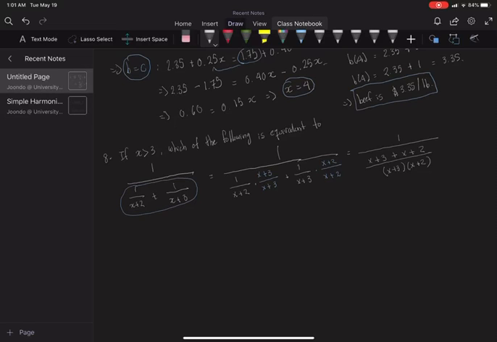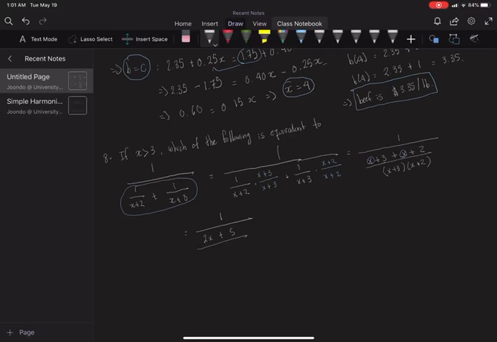Here, x plus x is 2x, so this equals 2x plus 5 over, now we use FOIL.